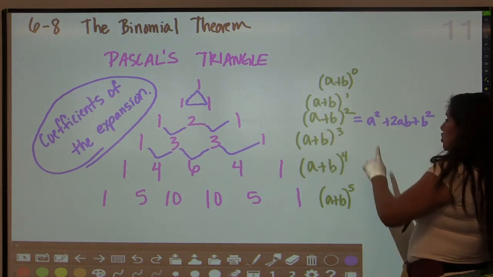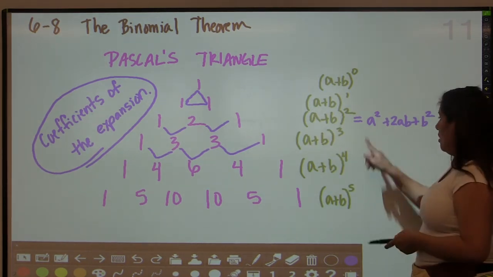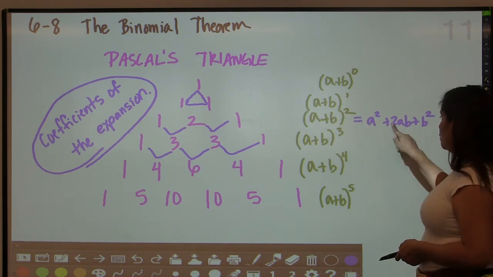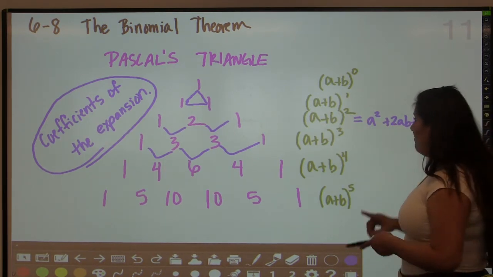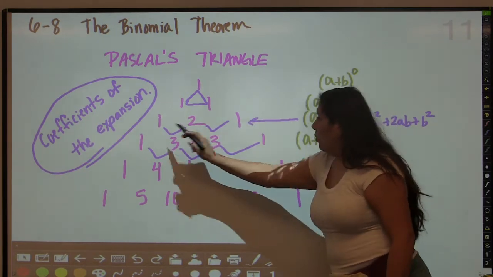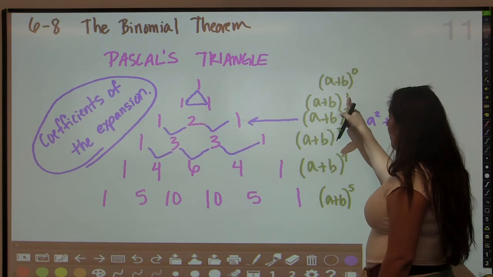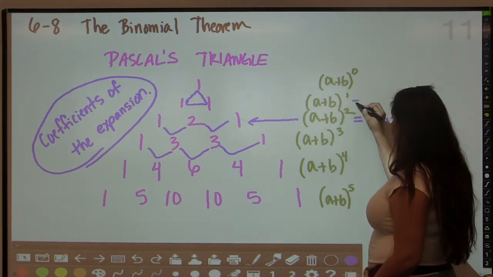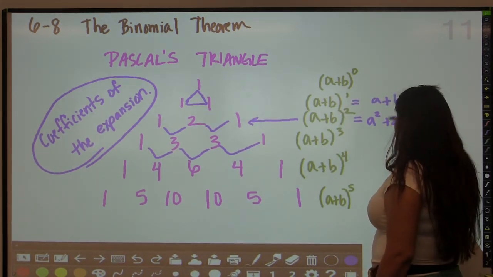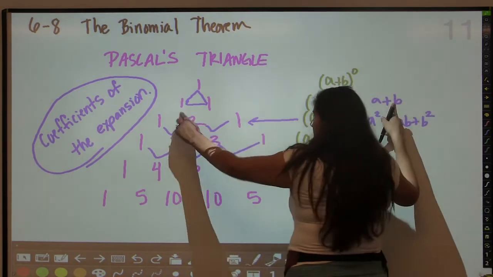And what you're seeing is that the coefficients of those are 1a squared, 2ab, and 1b squared, and that comes directly from 1, 2, 1. If I look at a plus b to the 1 power, then that's just going to be a plus b, and the coefficients are 1 and 1.